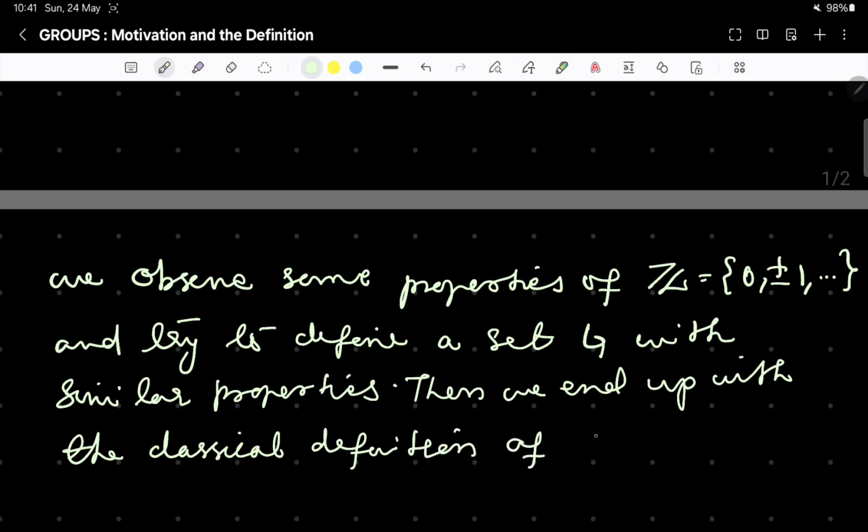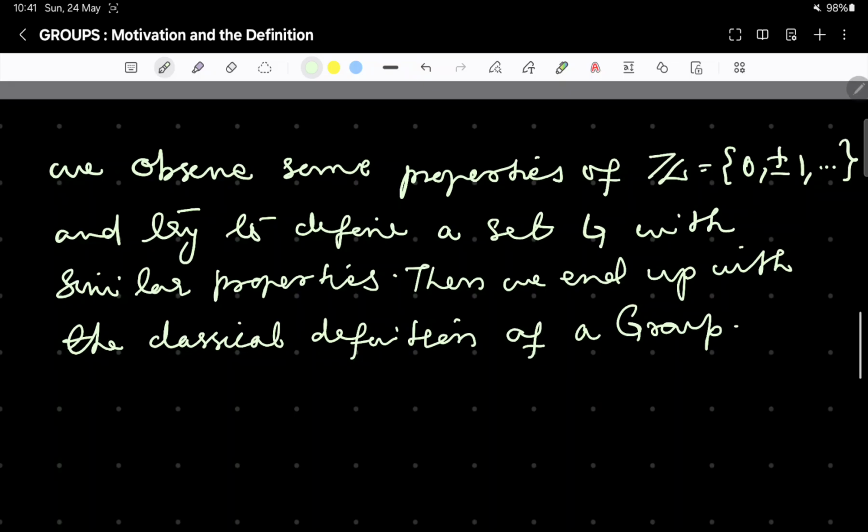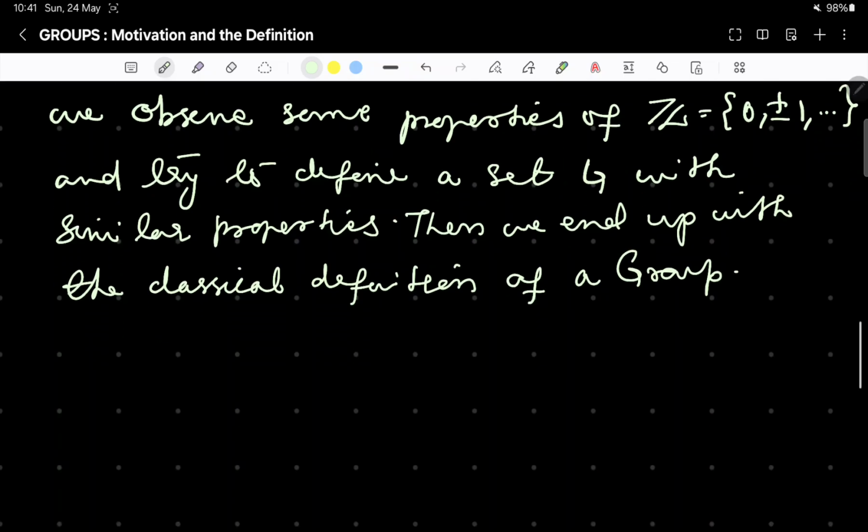Definition of a group. Okay, so this is the idea. Okay, so now a group is kind of a structure rather than simply a set. So a set with some structure.